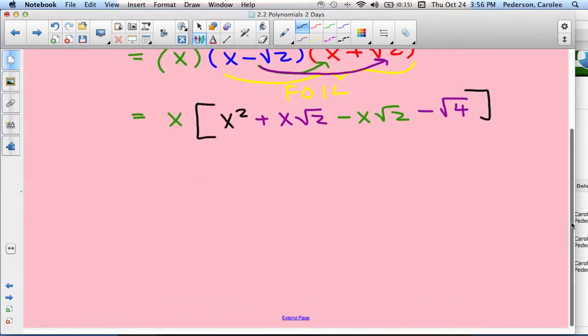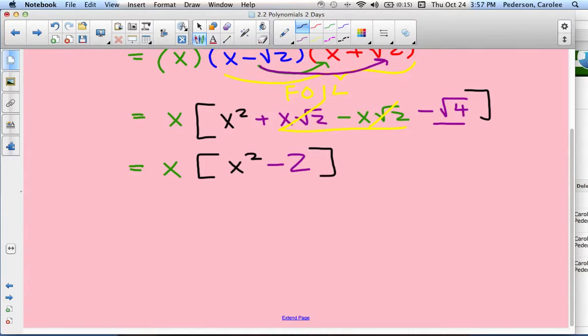All right, now let's clean up that bracket. So I still have the x out in front. Within our bracket, our x squared is as it is. These two are like terms, so the negative and the positive will cancel out. And then negative square root of 4 is -2.